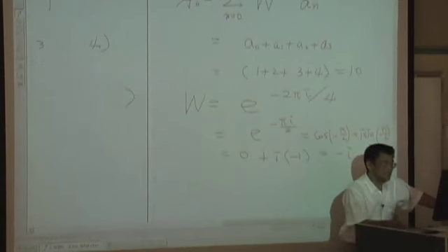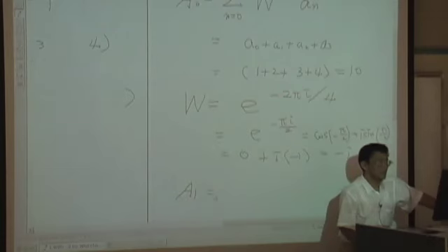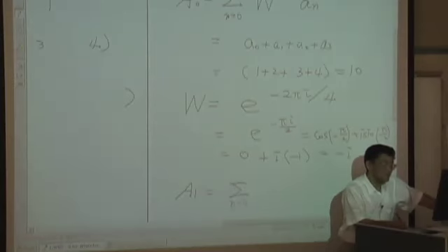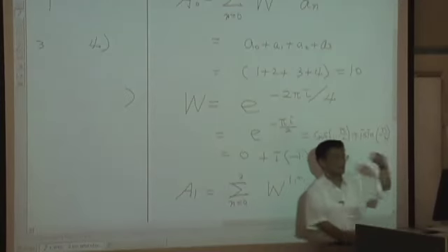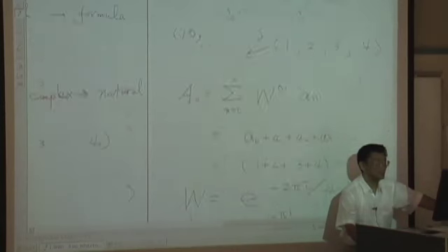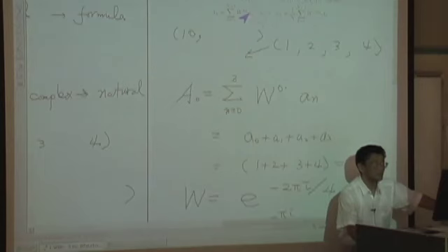And A1 equals, I will calculate A1. A1 equals, by the formula, I will write the formula in the summation form. W 1 times N, AN. I will go up and show it. K happen to be 1, right? K is 1. And then 1 is used, and then I just copy this portion.